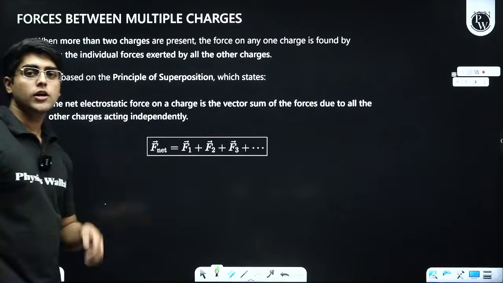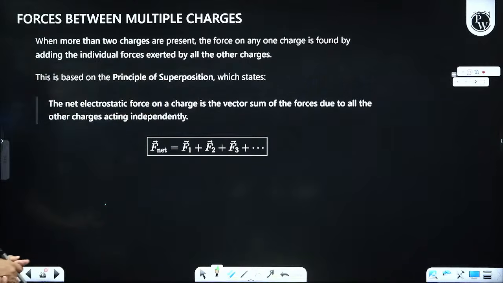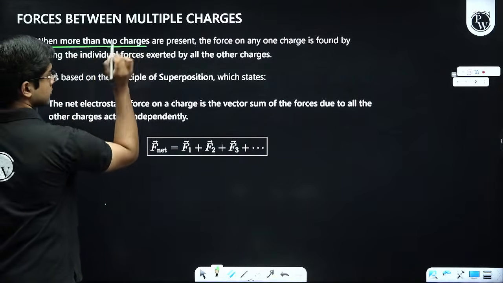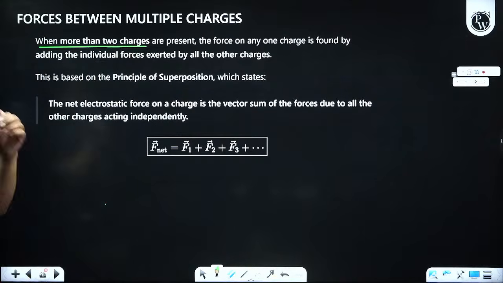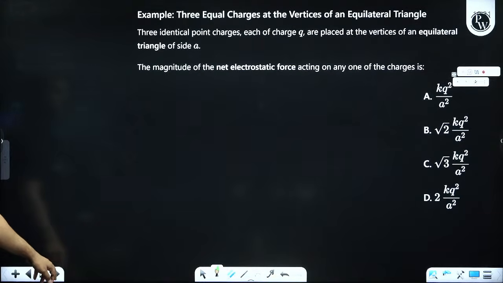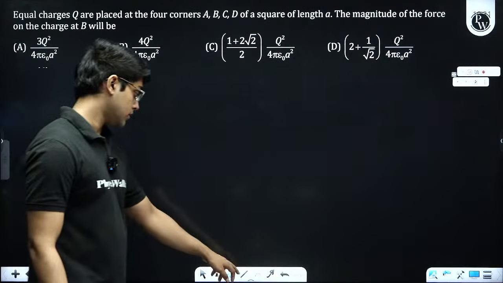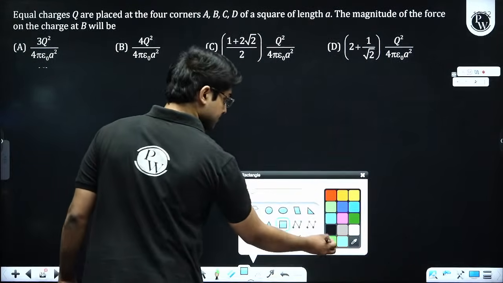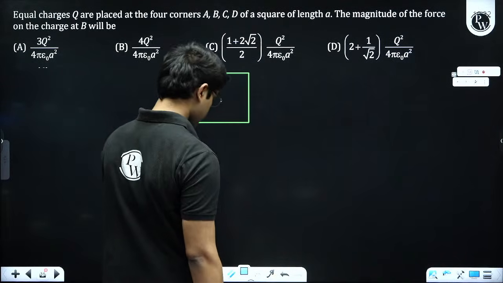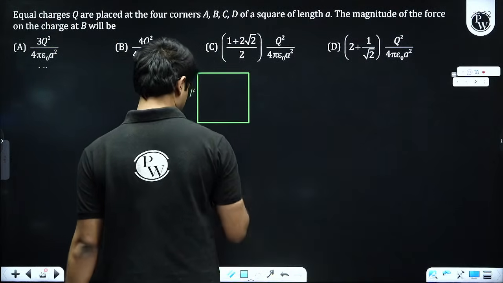Now we will talk about how to apply Coulomb's law when we have more than two charges. Okay. When we have more than two charges. So we can just take an example to understand this. So imagine there is a square and 4 equal charges are placed at the 4 corners.